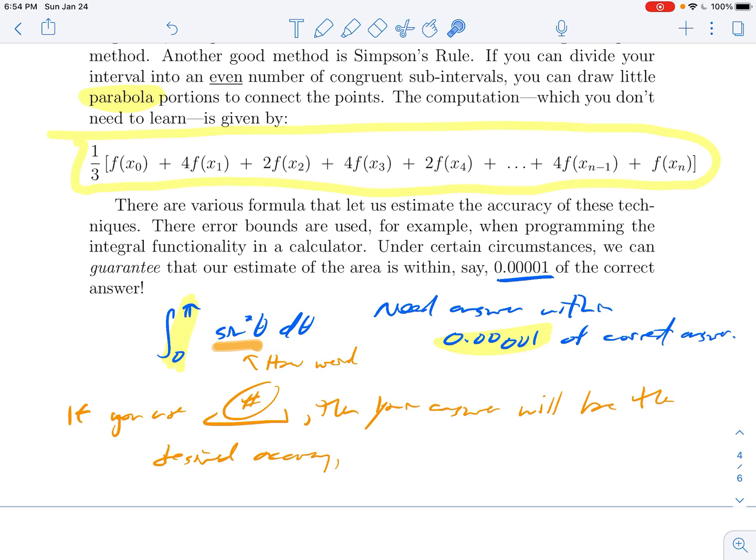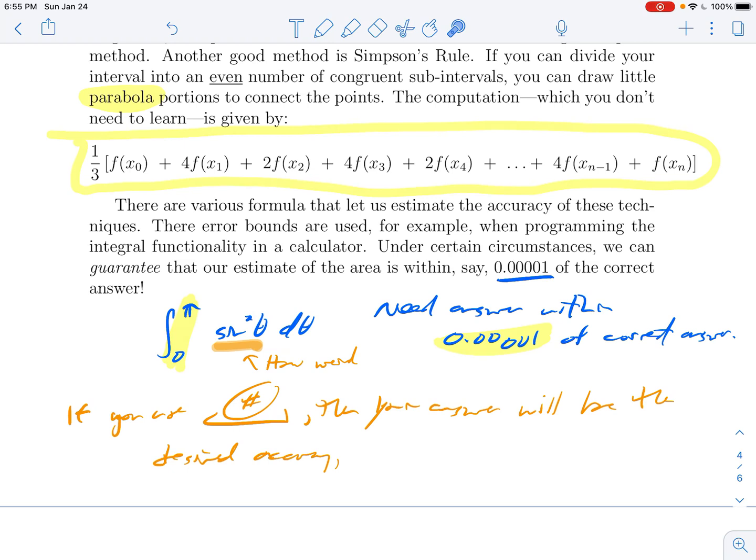And a lot of those formulas are built into the calculator. When the calculator, quote unquote, does an integral, it's really just estimating using trapezoids or rectangles. But it's been programmed in how many it needs. So the calculator has programmed in, oh, if I use 150 rectangles, then the answer will be within 1/1,000,000th of the true answer. So that's what it shows you.